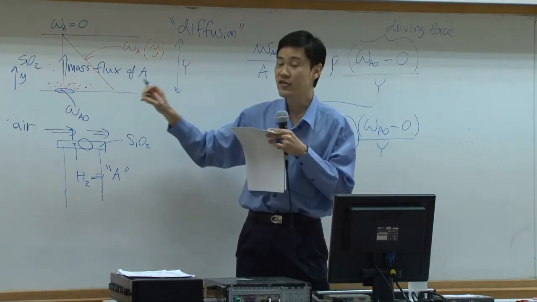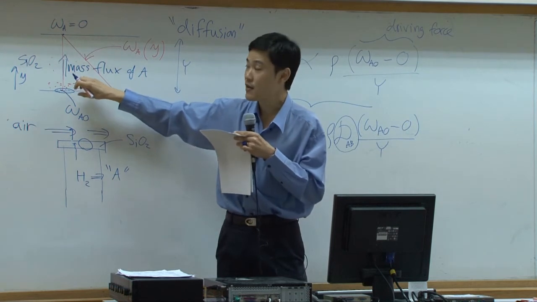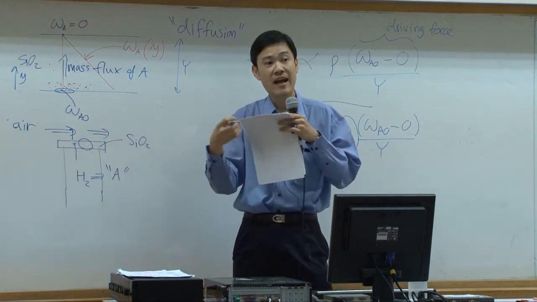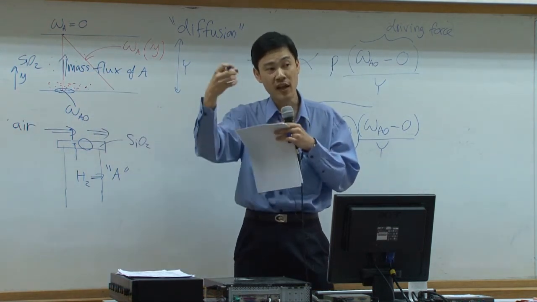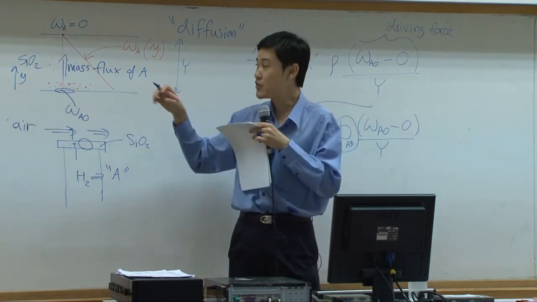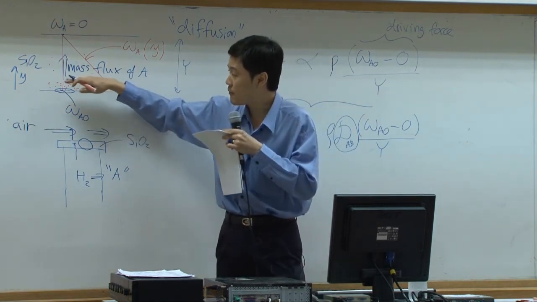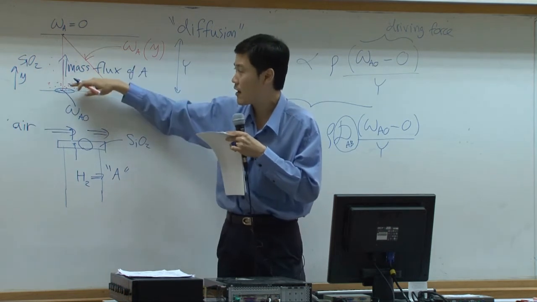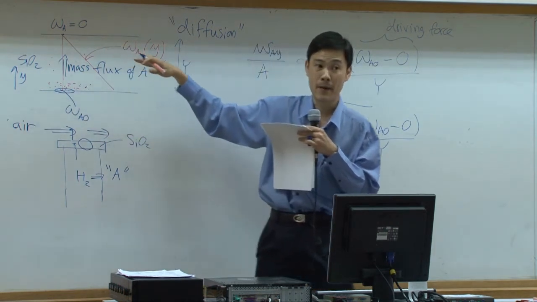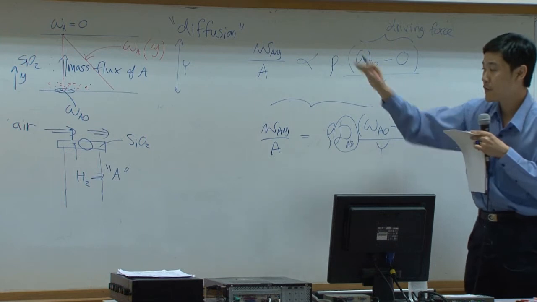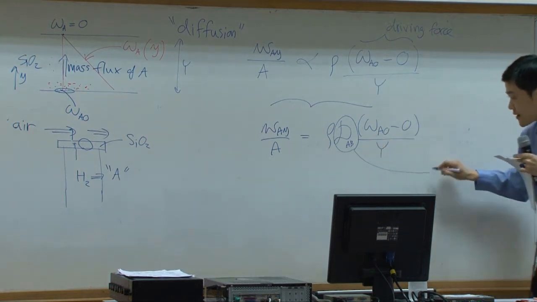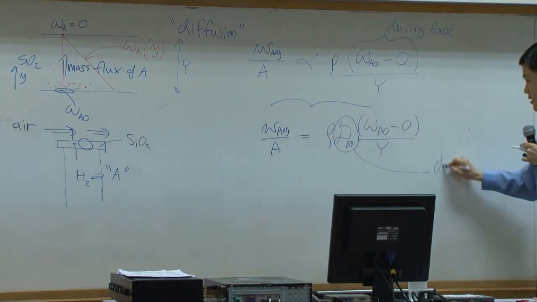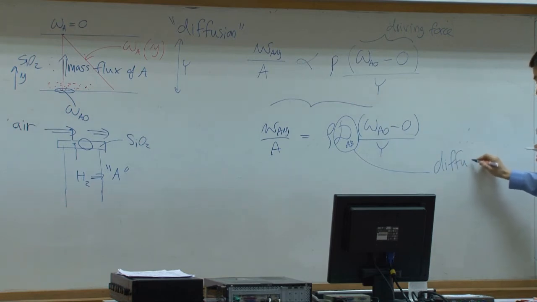So imagine you have single molecules, and molecule itself collide with each other, and therefore it changes direction. Once it changes direction, it can go from bottom part of the system here upward. Okay? This is called diffusion. So our constant here, sometimes it is called diffusion coefficient.